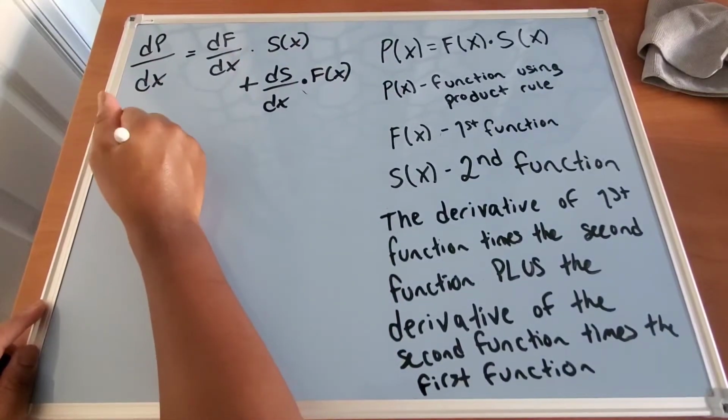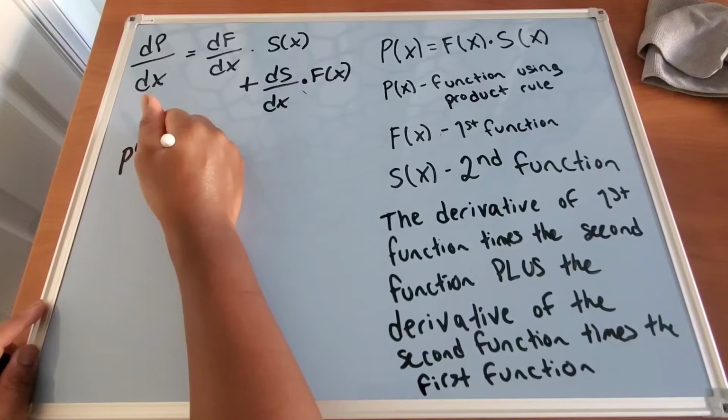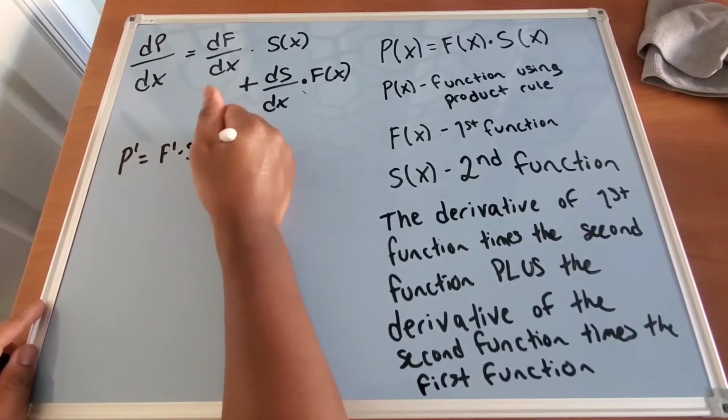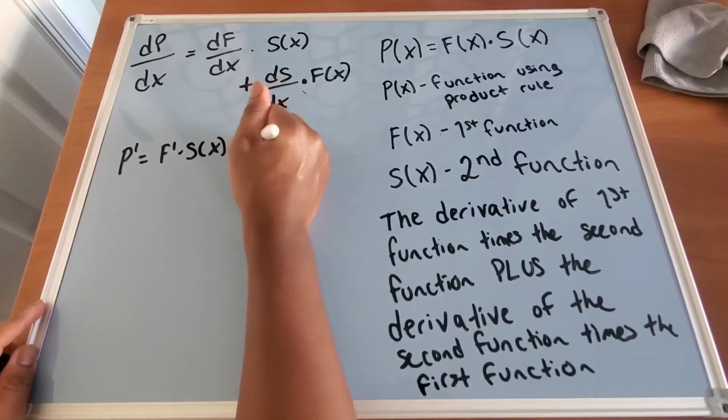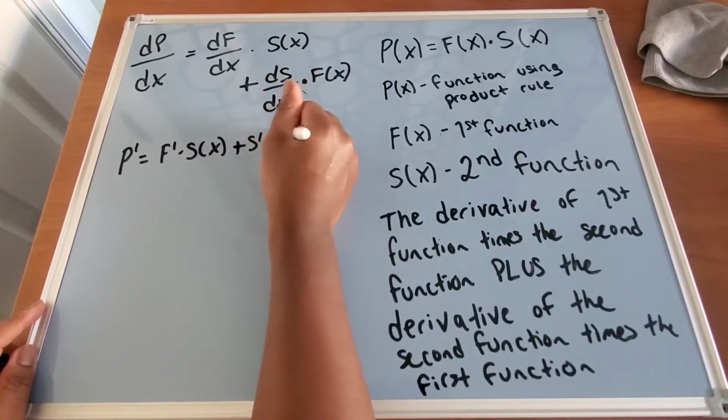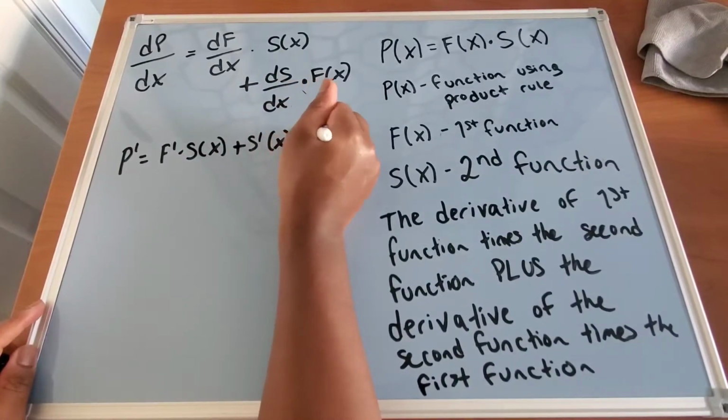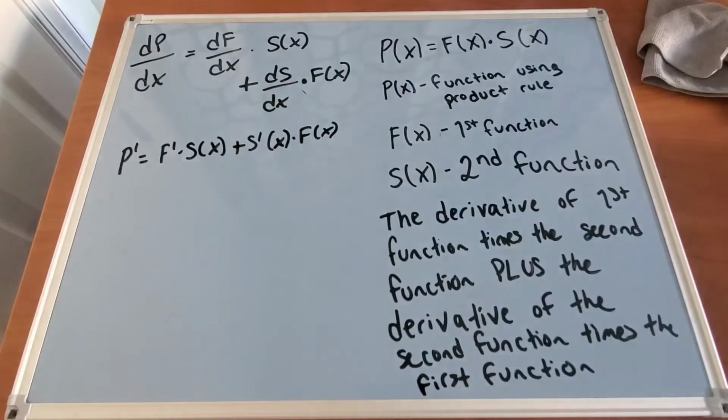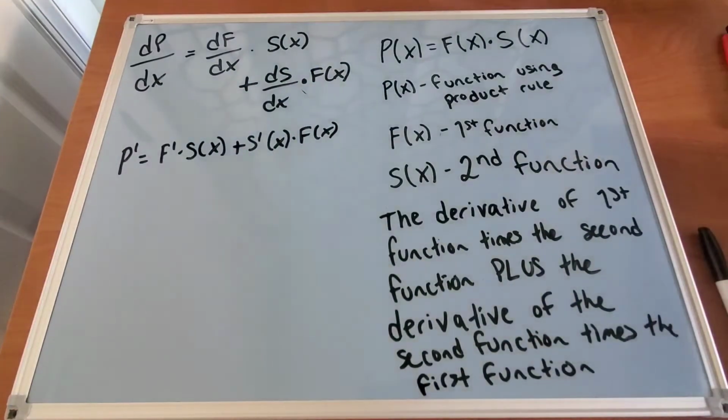Or you could just say p prime is equal to f prime times the second function plus s prime times the first function. Either one, they're equivalent forms. You can use either one of those.